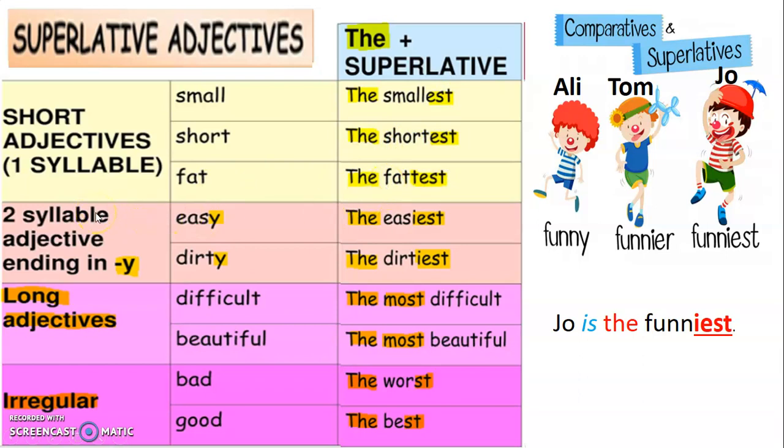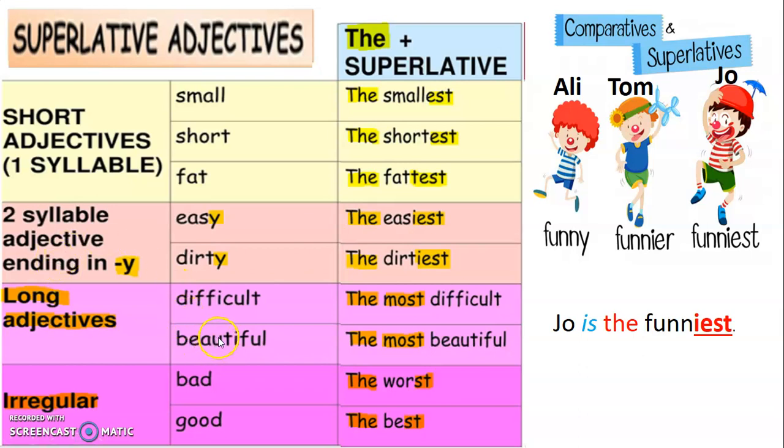When you have an adjective that ends in a y, then you need to delete the y again and put I and est, the easiest. English is the easiest subject. The dirty becomes the dirtiest, and with a long adjective, for example, difficult, becomes the most difficult. For example, English, I don't know, or Chinese is the most difficult language.